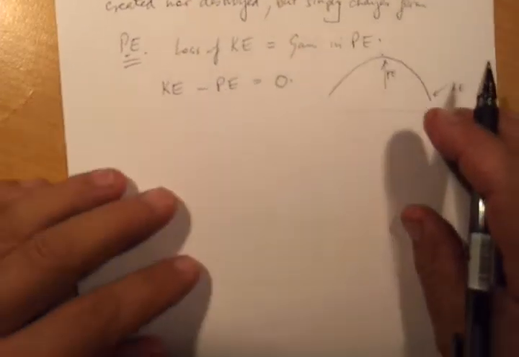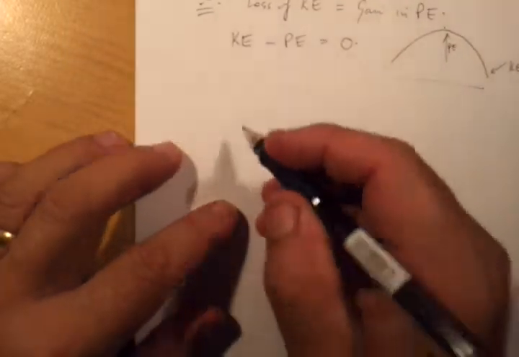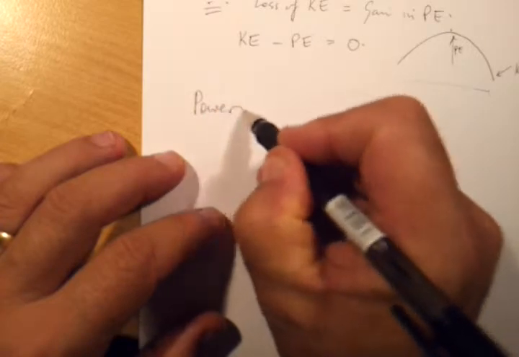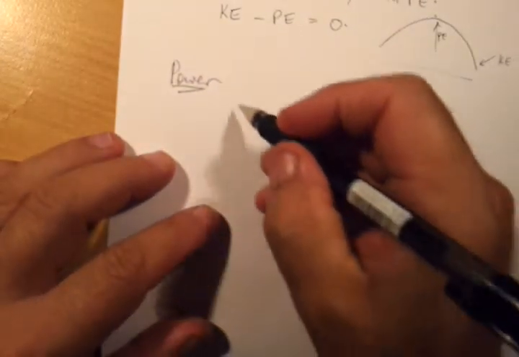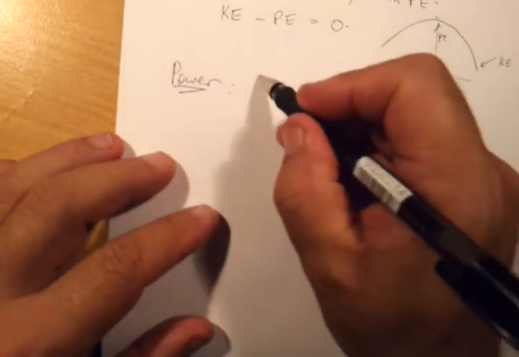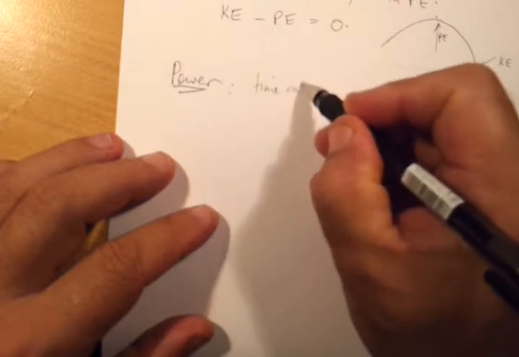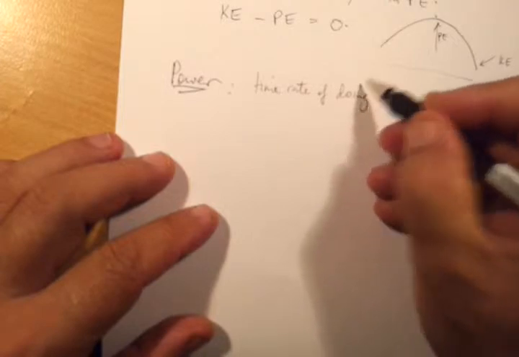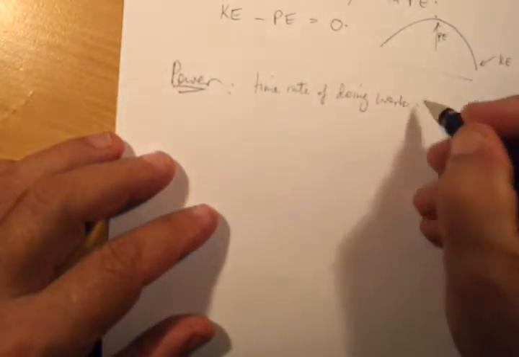Now, it's important for you guys also to know about power. Power is simply the time rate of doing work. So it's a rate at which one does work.